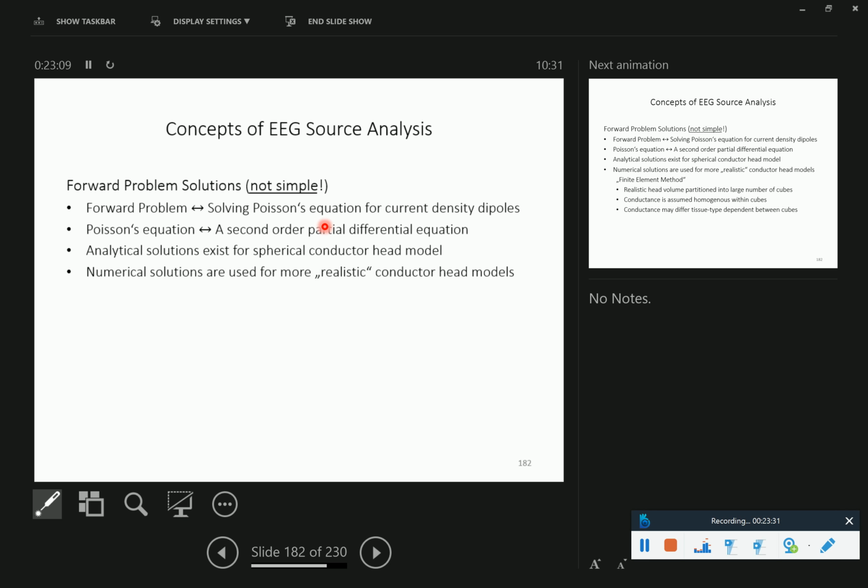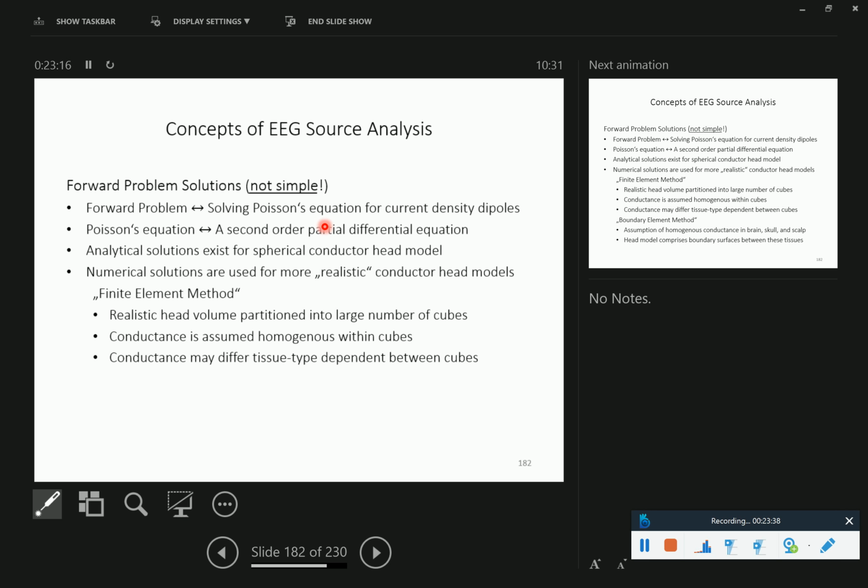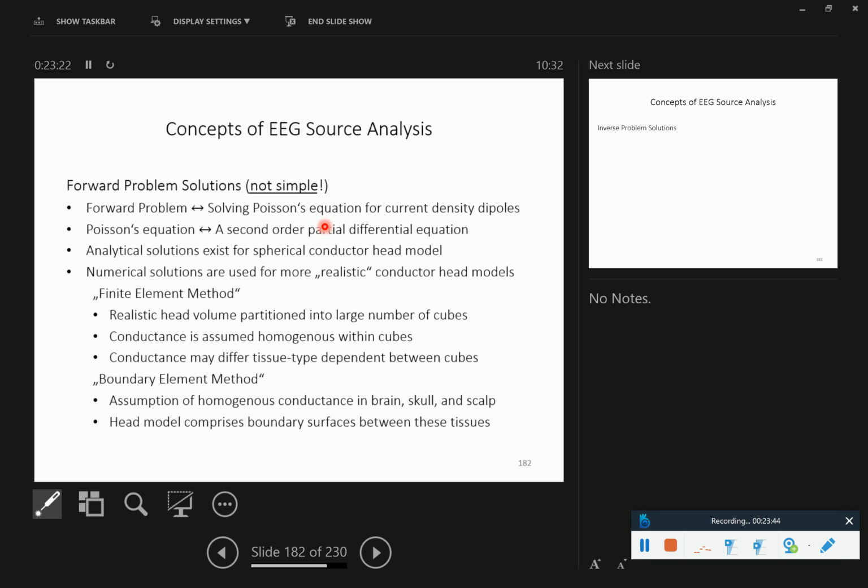So one can solve differential equations also numerically for more realistic conductor head models, and there are two things that you will always come across in the brain imaging literature. One is the finite element method, and one is the boundary element method. It's an option that you can choose when you do an EEG source analysis, for example with SPM. You choose finite element or boundary element, and they are different numerical approaches to solve Poisson's equation.